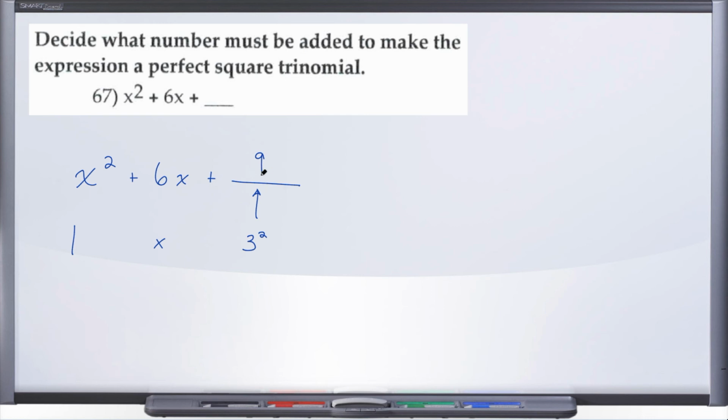And so if we take the square root of 9, we end up with 3. And if we take the square root of 1, we end up with 1. 1 times 3 gives us 3. And 3 doubled gives us 6, that number in the middle. So our answer here for number 67 is 9.